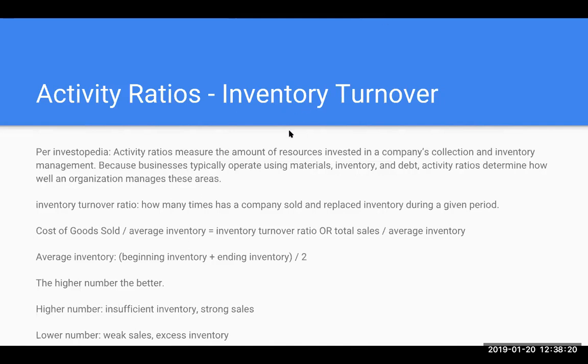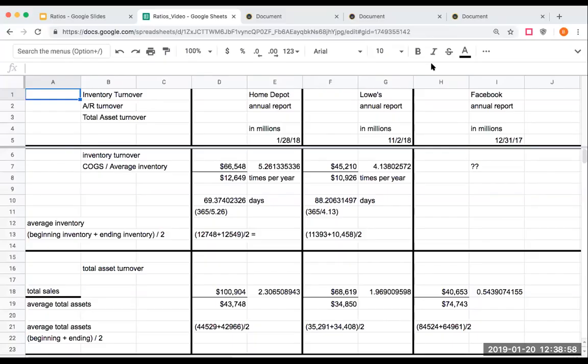So let's go ahead and look at some examples, and we'll revisit the same 3 companies that we did before, which are Home Depot, Lowe's, and Facebook. Okay, so our inventory turnover, the one I'm going to be using, is the cost of goods sold divided by the average inventory.